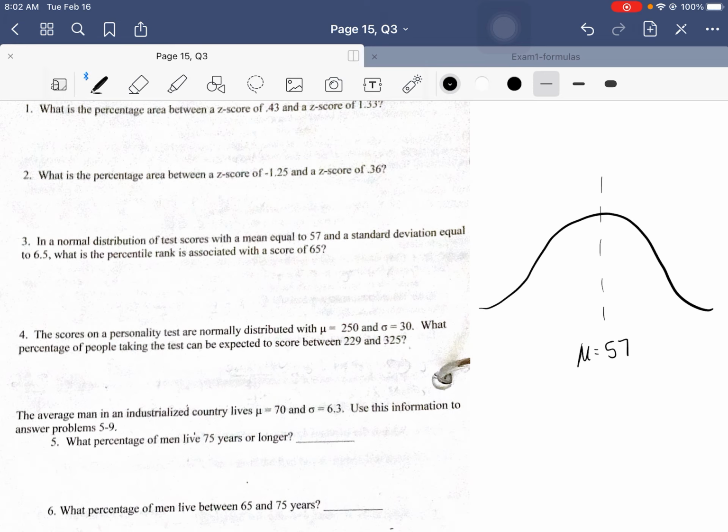So the mean is 57, and our standard deviation is 6.5. And then we're looking at a test score of 65, so I'm just going to guess that that would be right here-ish.